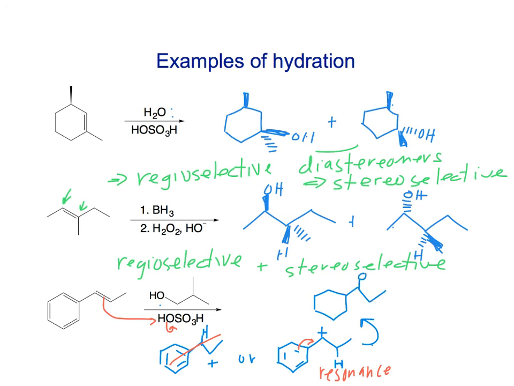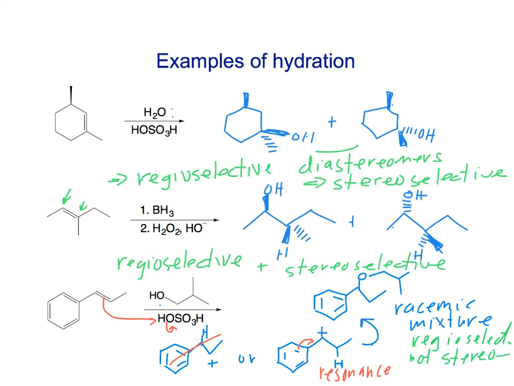So we're going to have an alcohol here. We just look at our alcohol, see what's attached. It would be like this, and because it can come from the top or the bottom, we are going to have a racemic mixture. Okay, so this reaction is regioselective, but not stereoselective. Because we're getting a mixture of stereoisomers.